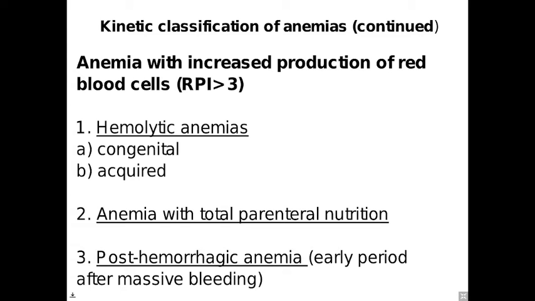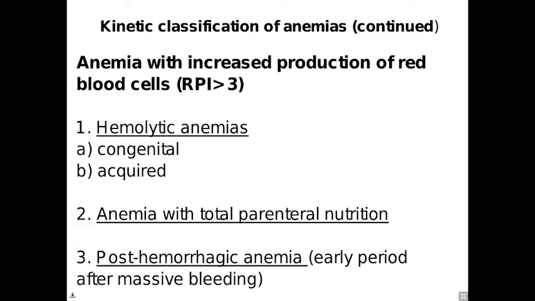Normally, when the bone marrow is not affected at all, after a hemorrhagic process, especially after massive bleeding, the bone marrow will be significantly activated. In this case, erythropoiesis will be activated, reticulocytes will be increased, and RPI will also increase.